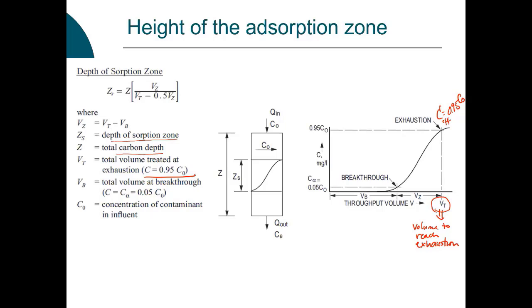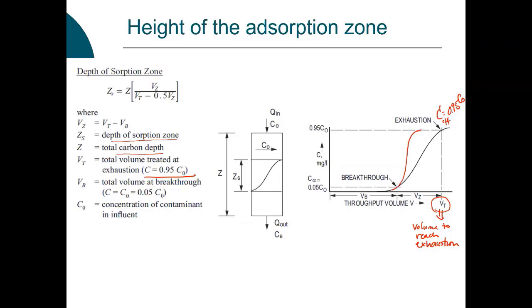Now, V sub Z is the difference between this volume here, VT, and VB, so the volume to breakthrough. What you want in a column is a sharp breakthrough.